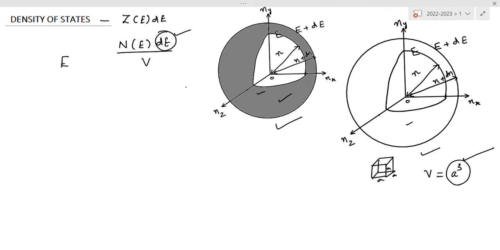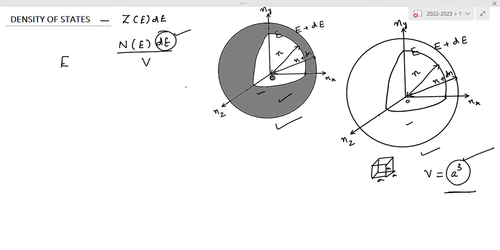In the diagram, O is taken as the center point or the origin of the sphere, and it is a three-dimensional sphere. Therefore, Nx, Ny, Nz are the three quantum numbers here, and the radius can be taken as N. Therefore, the quantum number can be used for finding the electron energy states of the sphere which has been constructed of the same volume A cube.